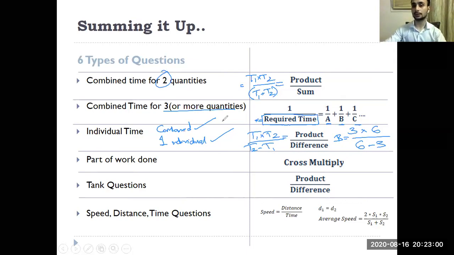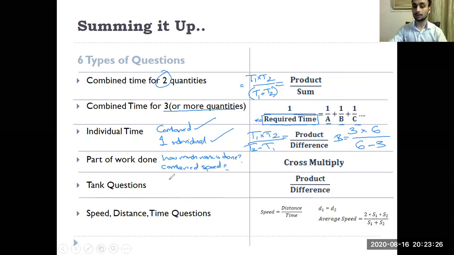Next, part of the work done. Part of the work done थोड़ा सा tricky था, but आप लोगों को steps पता है, so कोई मसला नहीं होगा आप लोगों के पास. आप लोग क्या करोगे? Step 1 लगाओगे, निकालोगे कि to figure out how much work is done. Step 2 में आप क्या check करोगे? आप check करोगे कि combined speed क्या है, or if people start working together.